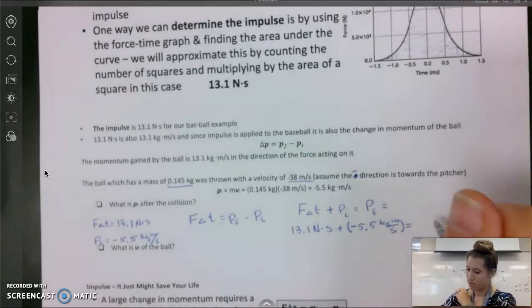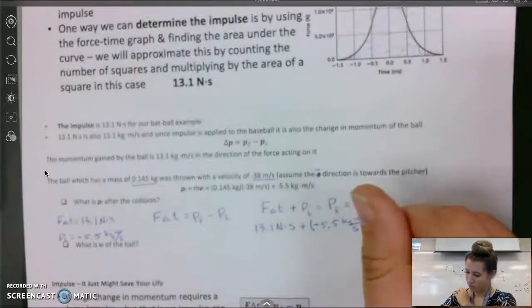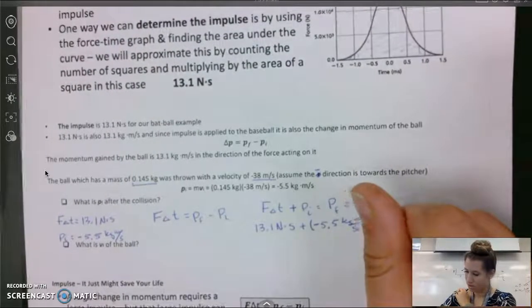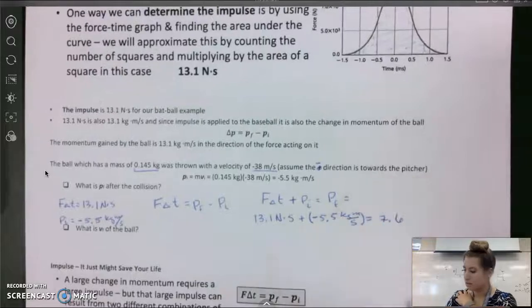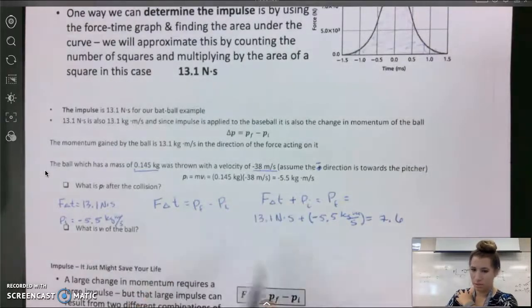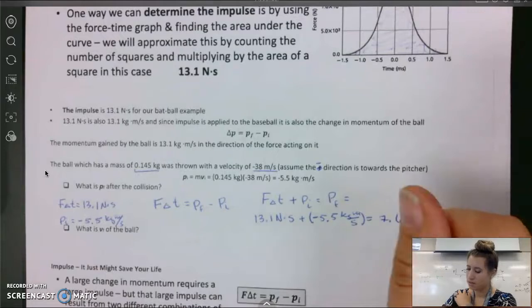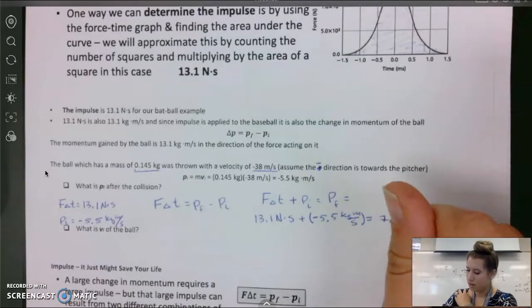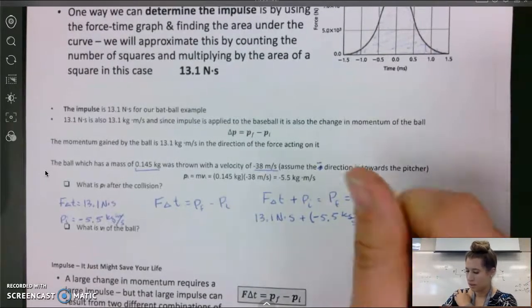Okay. And so that means that the final momentum is equal to 7.6. Well, that's a reasonable number. That would suggest that we've done our math right. Because what momentum it started with, it was headed this way, and so now it's positive, so it's going to be going the other way, so we anticipated having a positive there. And then kilogram meters per second.